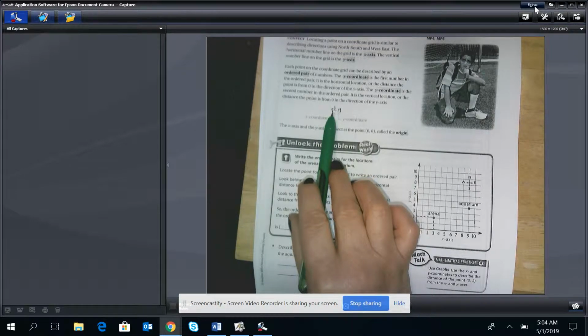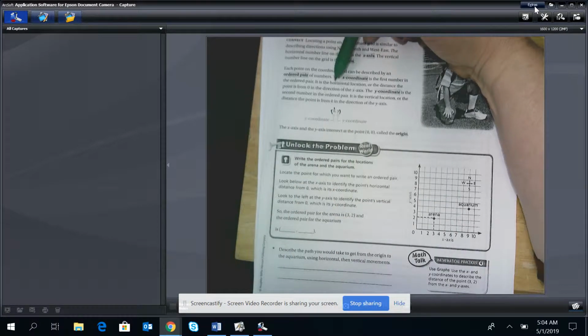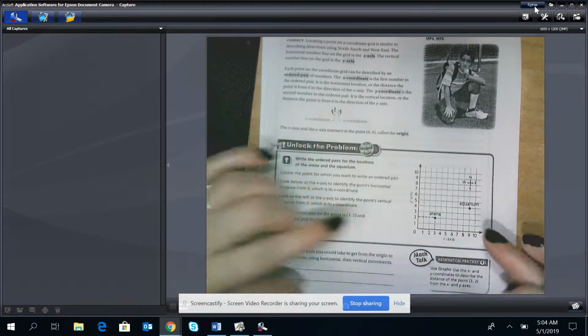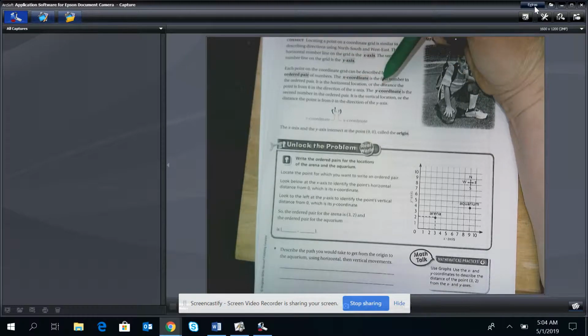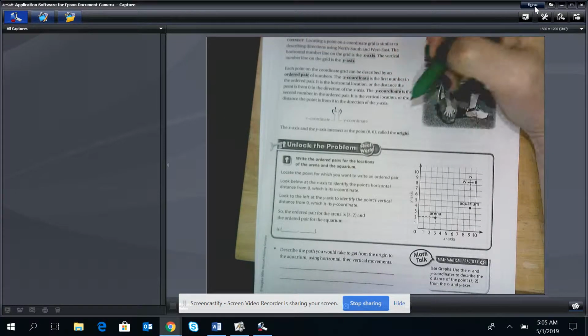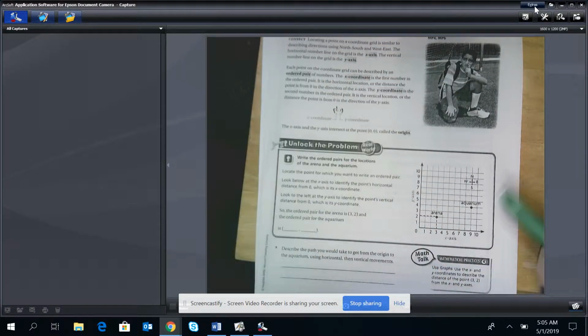X comes before y in the alphabet, so that's a really easy way to remember it. Then you do the y-coordinate after that, and where they meet up is called your origin. Intersect is where they meet.